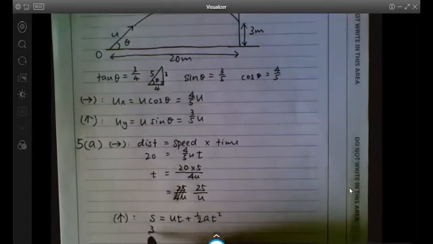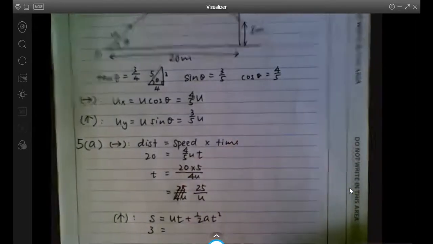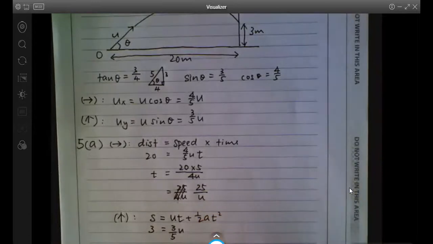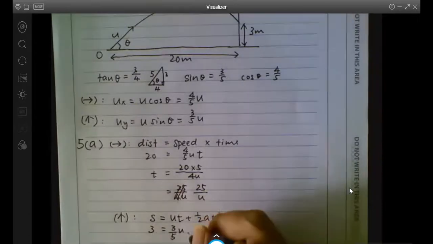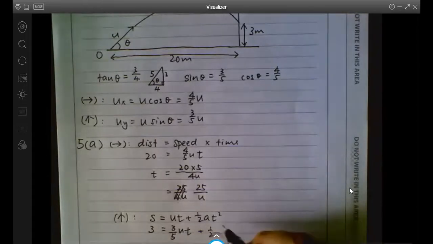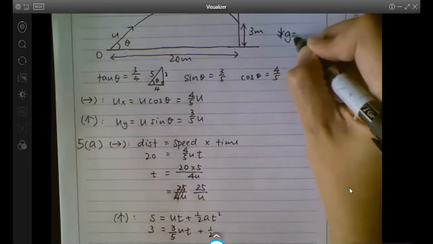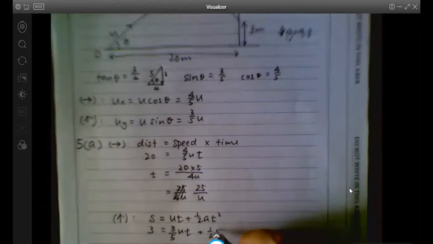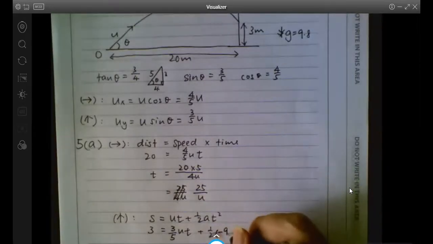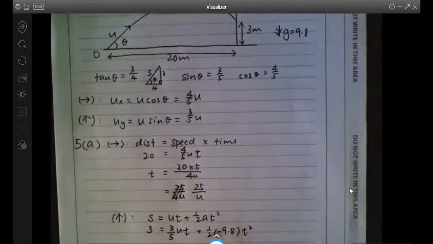So 3, vertical speed 3 over 5u, the time is unknown, plus half a. a is gravity. Gravity acts downwards, and g equals 9.8, so when it's downwards, we put in negative 9.8 and t squared. Sorry, let me move this up.